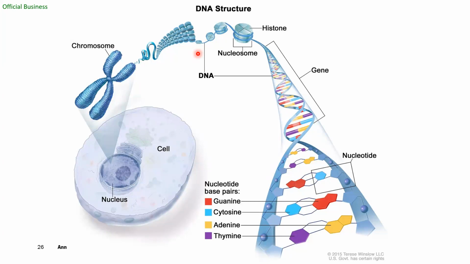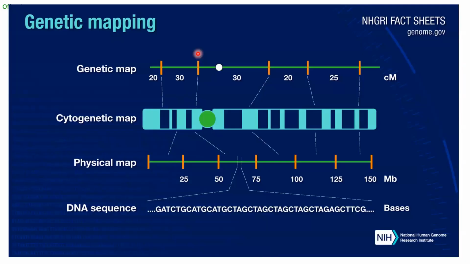It winds around histones, arranged properly to form the chromosome. The chromosome is just like a spool of thread, and that thread is your DNA. Our genes are mapped to segments of that long, long string of DNA. Genes are segments that encode for a specific trait, and we can actually map them.